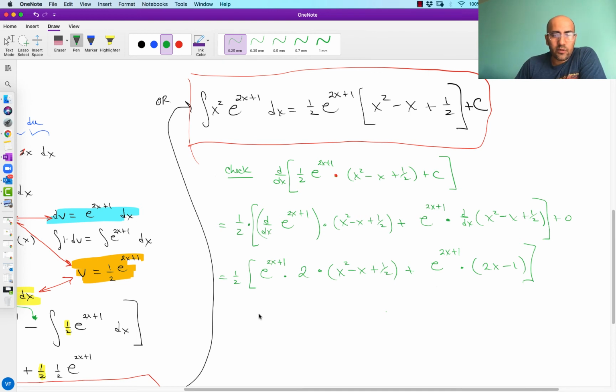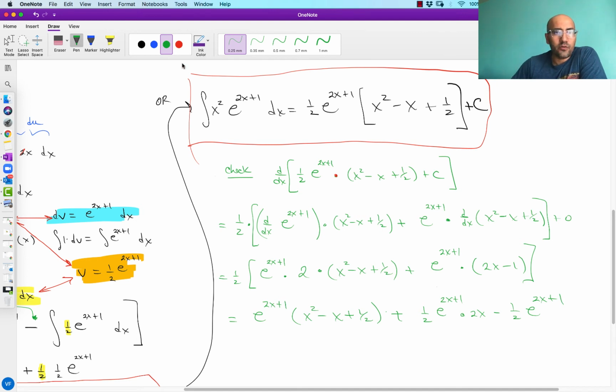Okay, distributing this 1/2 then gives me e to the 2x plus 1, and then 1/2 times 2 cancel out. We still have this x squared minus x plus 1/2 plus, and then distributing, we end up with 1/2 times e to the 2x plus 1 times 2x minus 1/2 e to the 2x plus 1.